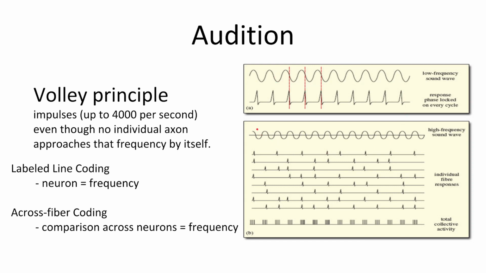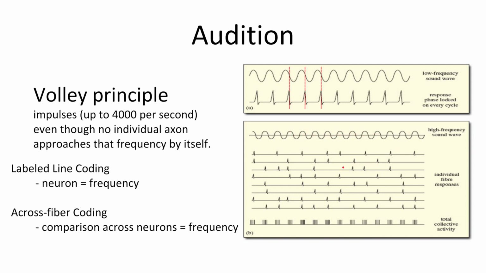For higher frequencies, where the neuron isn't capable of producing that many action potentials, it's thought that we might be listening to a collection of neurons. So there might be, in this case, 7 or 8 individual neurons, all of which are firing somewhat in response to this input, but they can't possibly keep up with that oscillation.